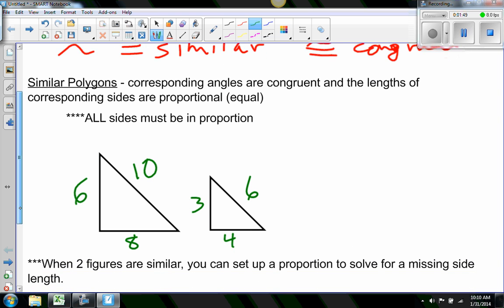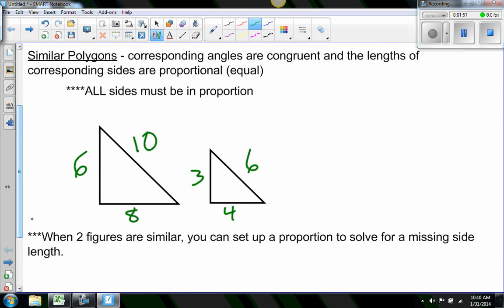This does not just work for triangles, it works for any polygon as long as all angles are congruent. We have right angles right here, and let's say this is 40, which would make this one 50, because they have to add up to 180. If the angles are all the same, that's great, but that isn't enough to tell you whether these two things are similar or not. You have to check the ratios of the sides.